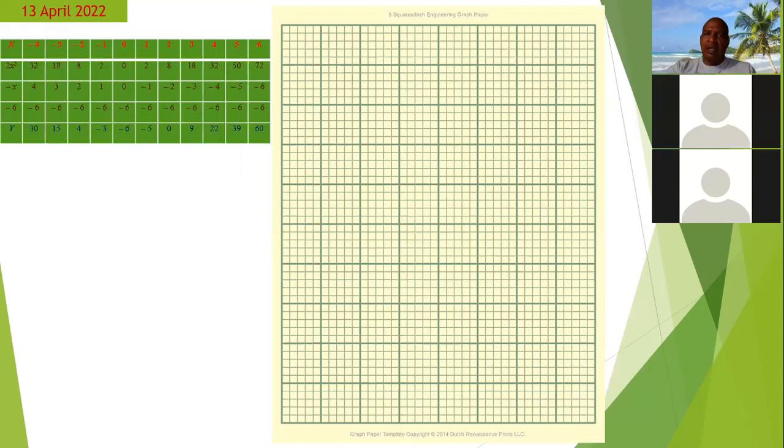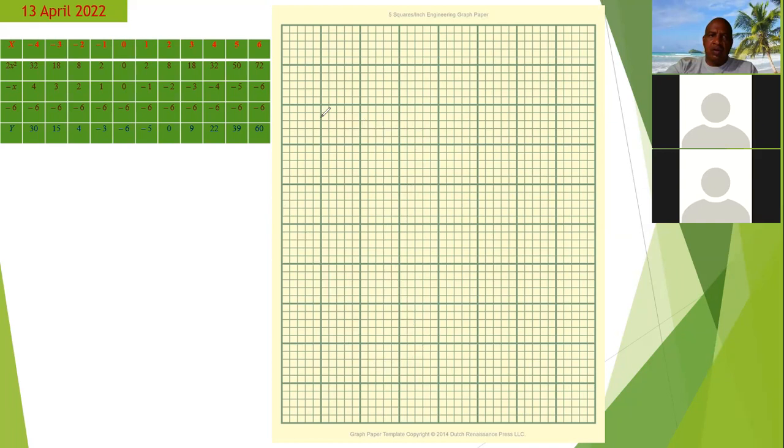So here we could quickly draw this graph. Now, if we are to draw this graph, we're going to put our y-axis so that we can go over 4 units to the left and 6 units to the right.